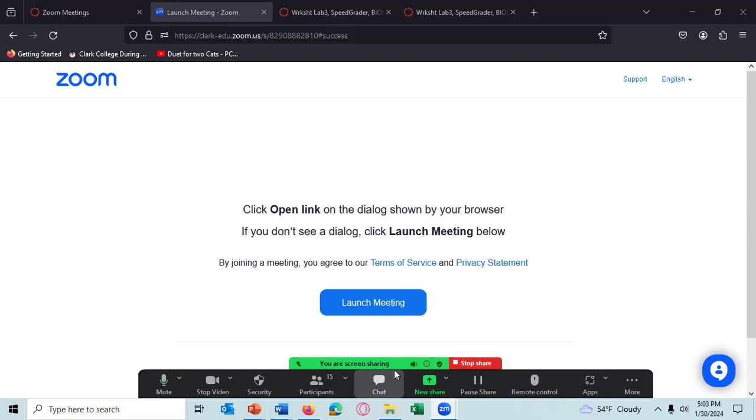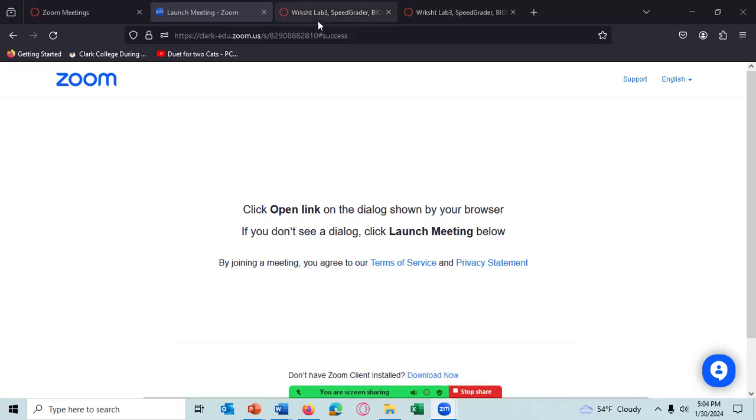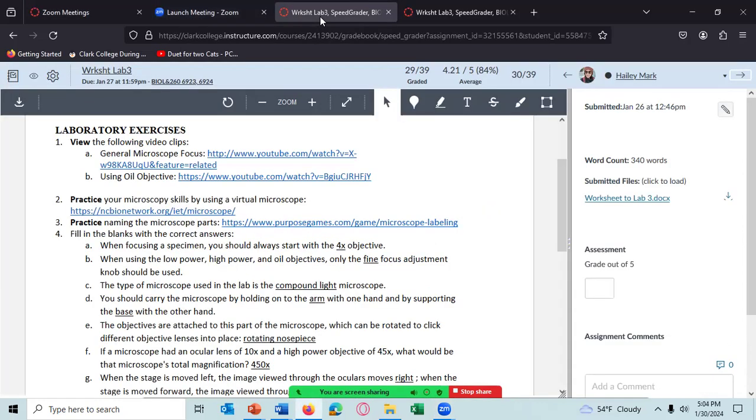For lab 4, I'm not sure when I'm going to get it graded, but it won't be very early, so I'm going to postpone when the second grading will be.